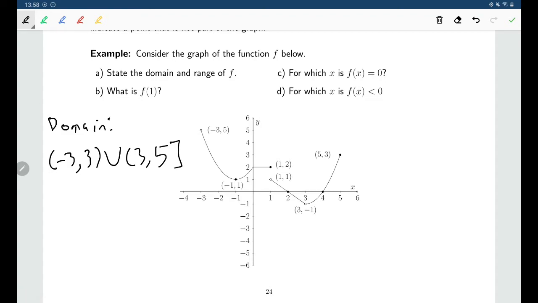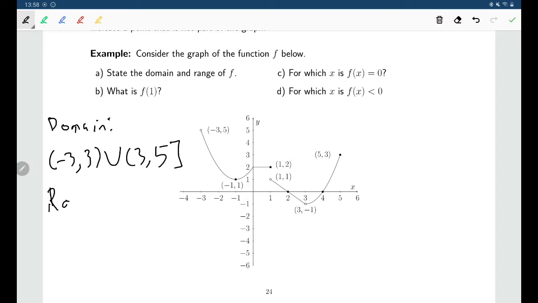So my domain is everybody from the -3, that's the furthest left, not including the -3 because that point is a hollow circle. And it goes all the way until we get to +3. There's nothing happening at +3, so there's a hole there. So from -3 to +3, not including either one, together with from +3, not including it, all the way up to 5, including it.